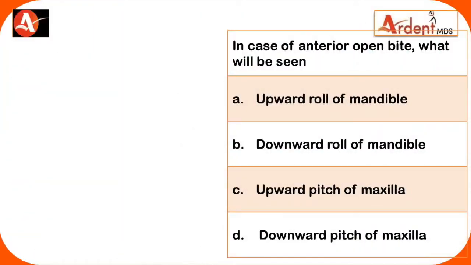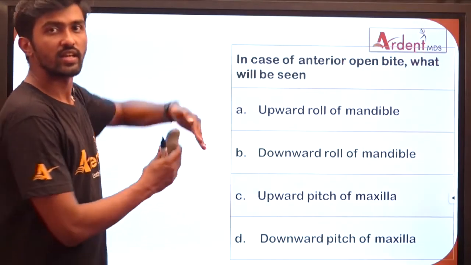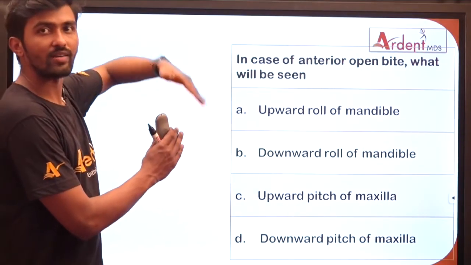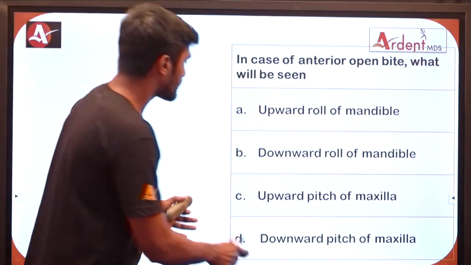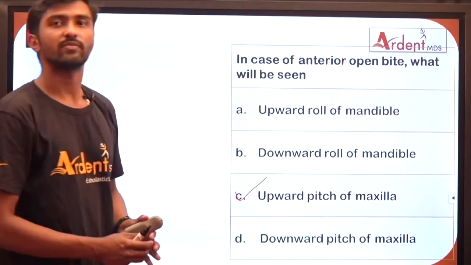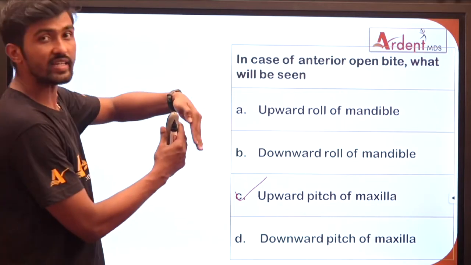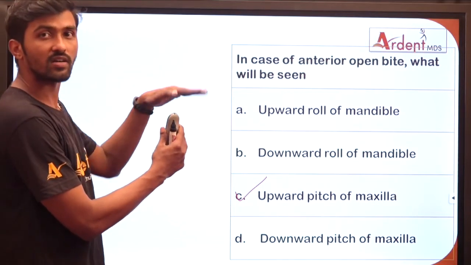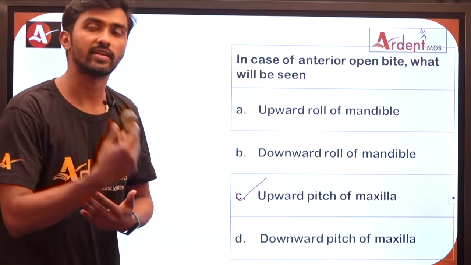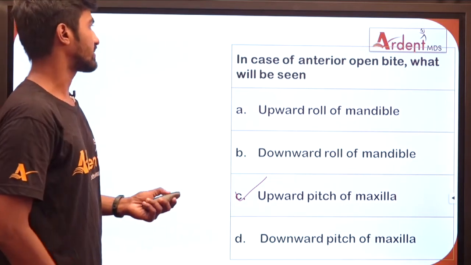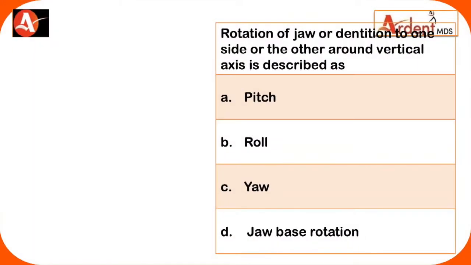In case of anterior open bite, what will be seen? Just now we discussed, in case of anterior open bite there will be an upward pitch of the anterior maxilla or downward pitch of the posterior maxilla, either way. Next, the rotation of the jaw or dentition to one side or the other around the vertical axis, right.